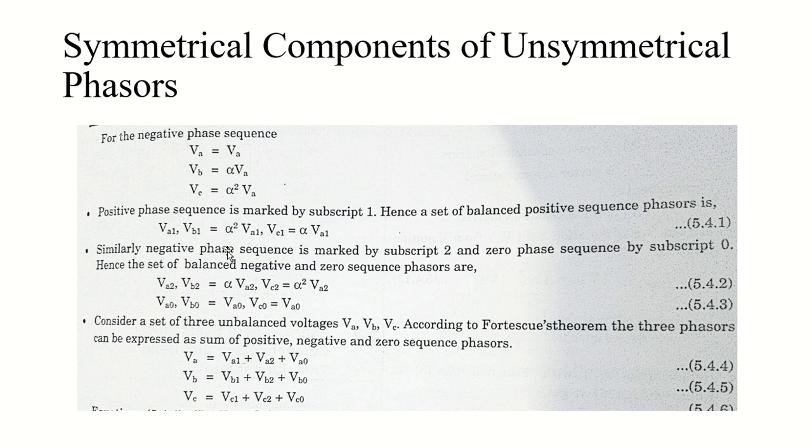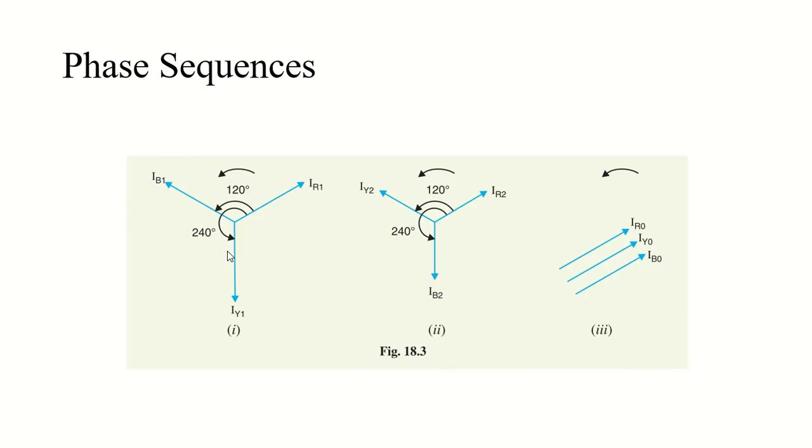In the same way, if you want to find it for the negative phase sequence, can you tell me what will happen? RYB is your ABC, this is your A, this is your B and this is your C. The angle between R and Y is 120 degrees, but the angle between R and B will be 240 degrees.